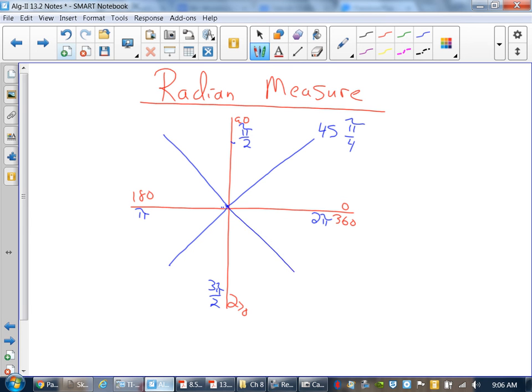Catherine, don't look so sad. 7/4, and then back to 8/4. It's just breaking it into smaller chunks. 45, 90. What's 90 plus 45? 135. 1/4, 2/4, 3/4.